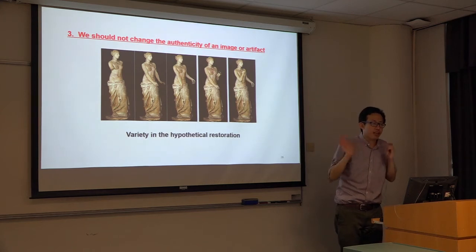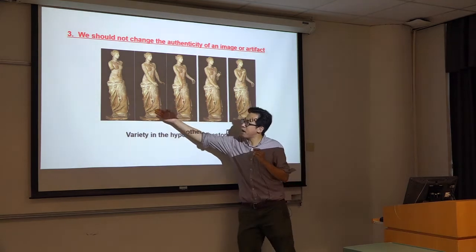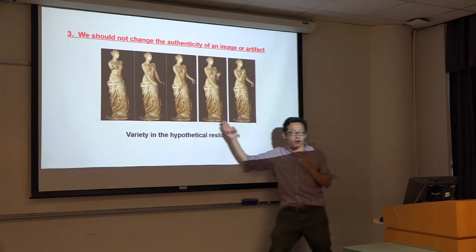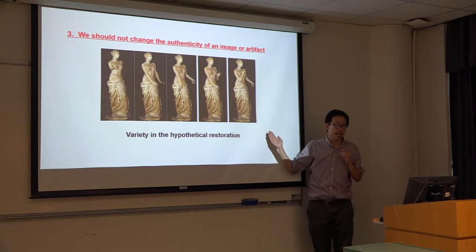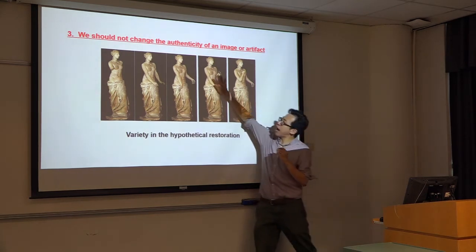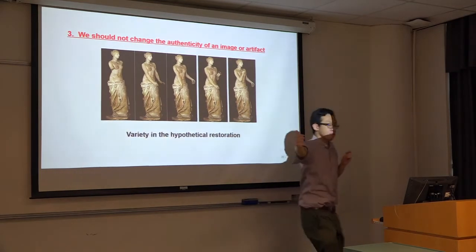The information is already lost. Even though you might prefer one of these options among the four hypothetical restoration plans, none of them have the authentic information indicating what the two arms originally looked like, right?